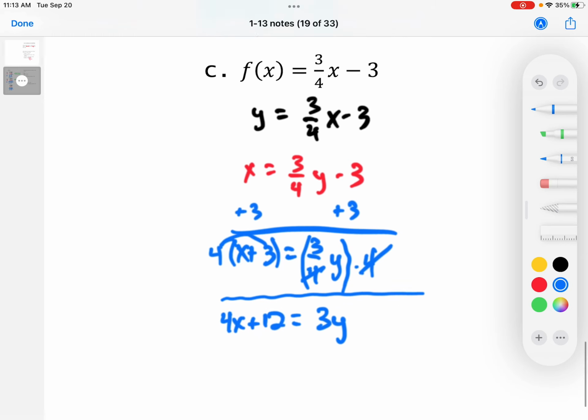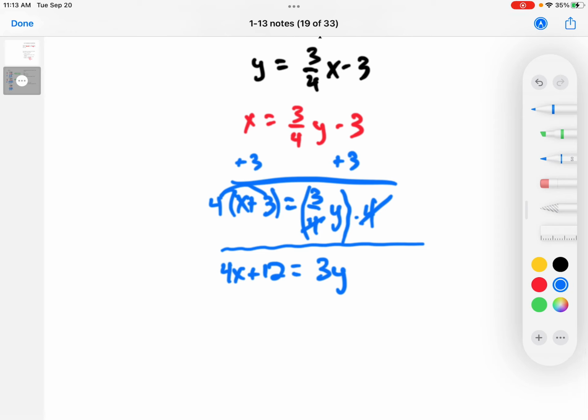Our last step, we still have to get y by itself. We're not done with step number 3 yet. We have to still divide by 3. Make sure when you divide that everything gets divided by 3, not just the 4x, not just the 12, not just the y. All of it gets divided by 3. On the right side is pretty easy.